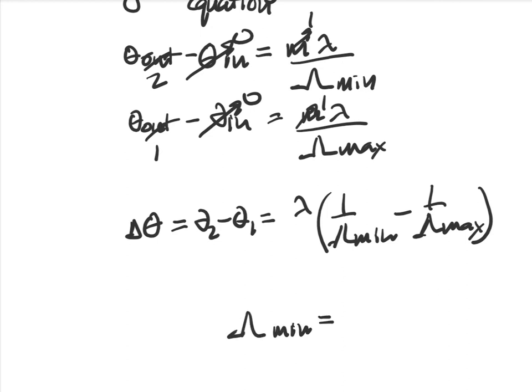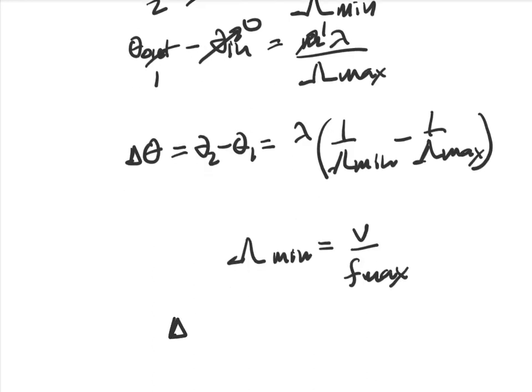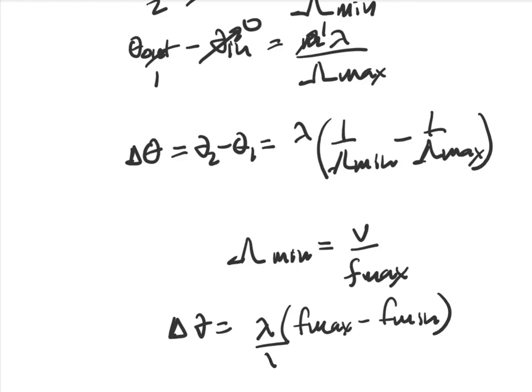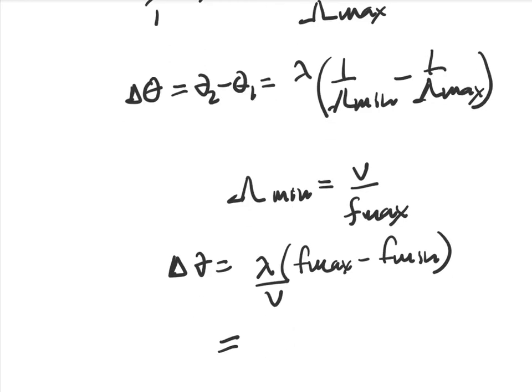Now, 1 over big Lambda minimum is just equal to the maximum frequency divided by v. So we can replace 1 over big Lambda with their respective frequencies. So f max minus f min, all that divided by v.